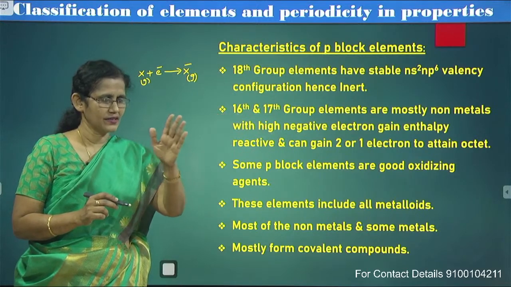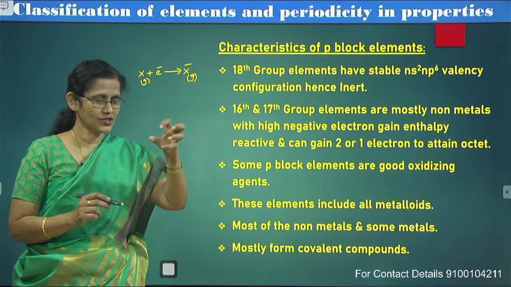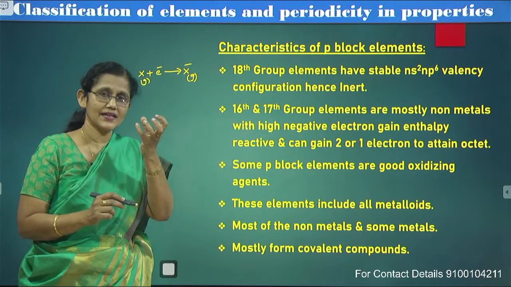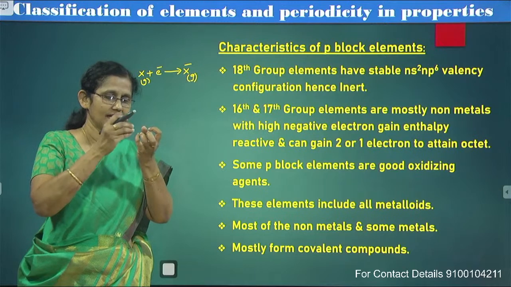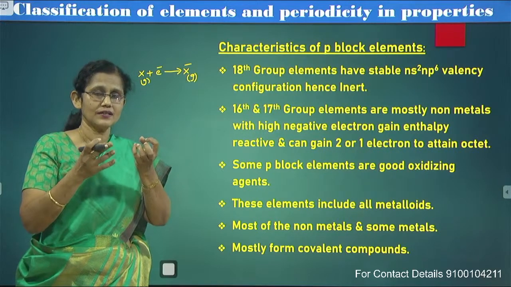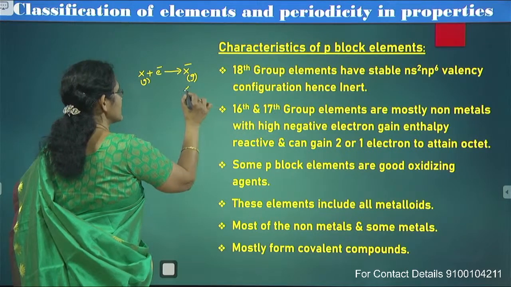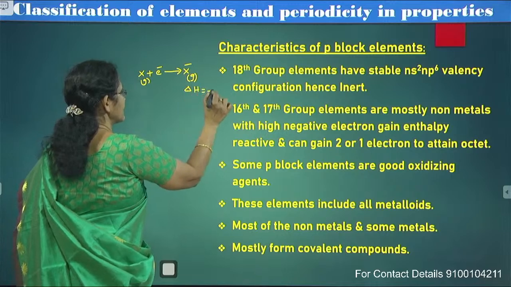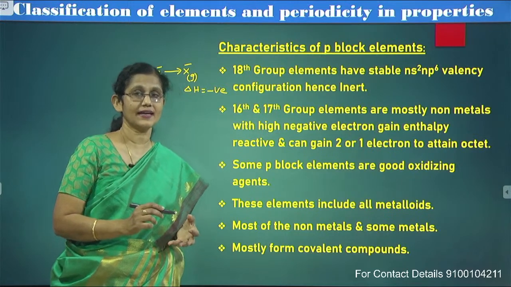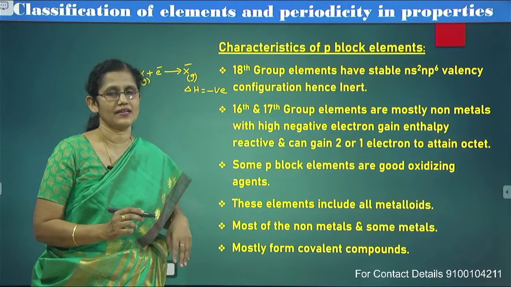Left to right, the differentiating electron enters the same period, so size shrinks, size decreases. So, the 16th and 17th group elements are small in size. If you add one electron, they can readily accept electrons to attain a stable octet. So, more energy is released, delta H is negative. They have high electron gain enthalpy values, more negative electron gain enthalpy values, right.